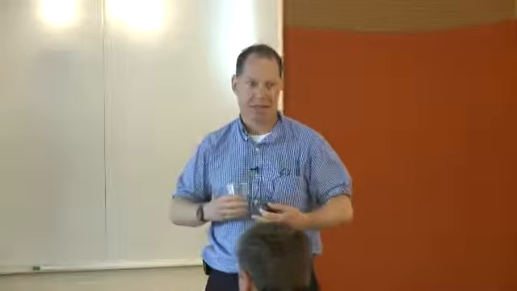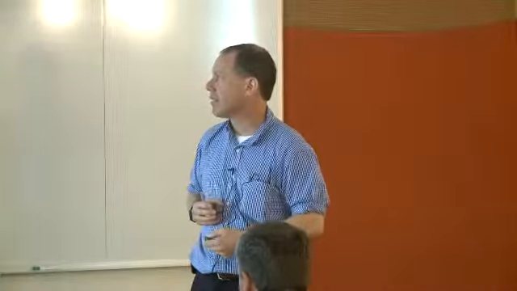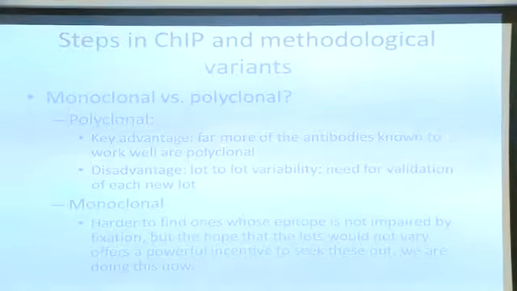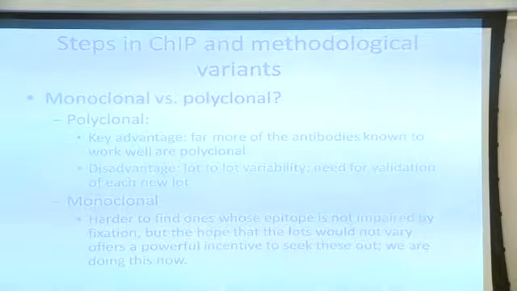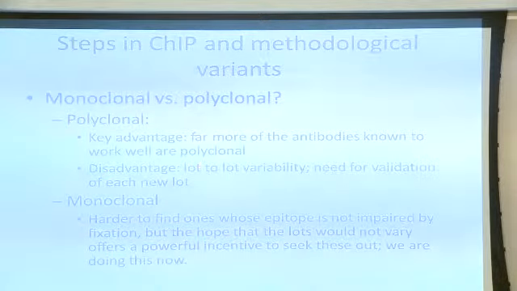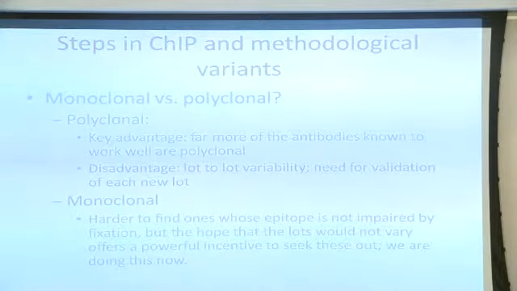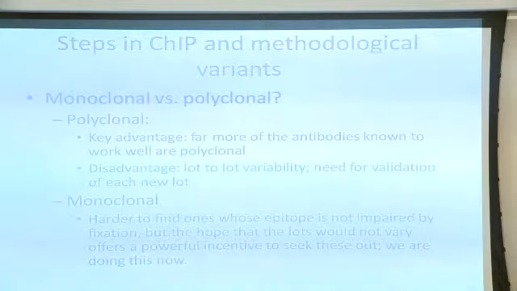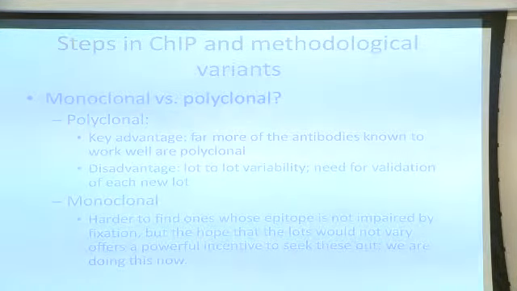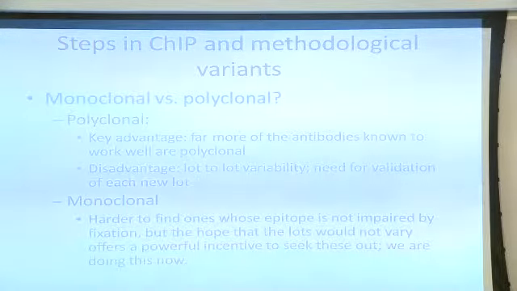Another choice that you have to confront when you're doing ChIP is what kind of antibody you're going to use, monoclonals or polyclonals. The vast majority of our work has been done with polyclonal antibodies. The key advantage is that far more of the antibodies known to work are polyclonal antibodies. But the disadvantage is that there's lot-to-lot variability because of the way polyclonal antibodies are made, and the need to validate the antibody is therefore a repetitive task, as you purchase new lots of antibody from some vendor, to know that the lot has the specificity that you want it to have.